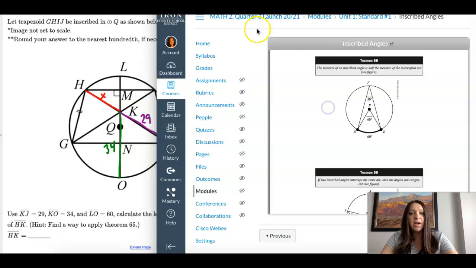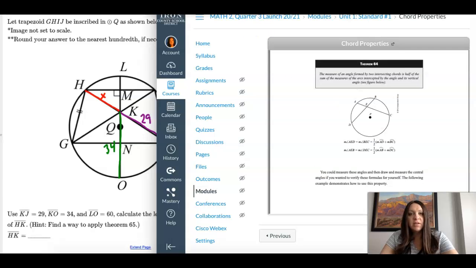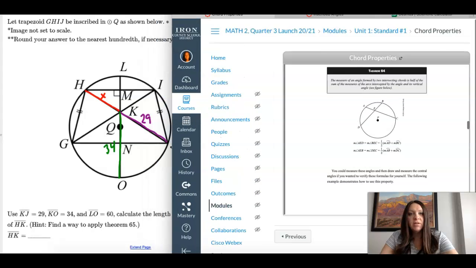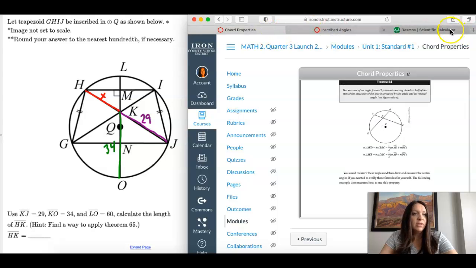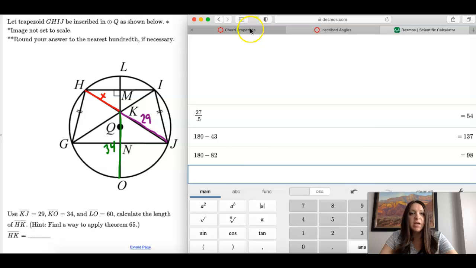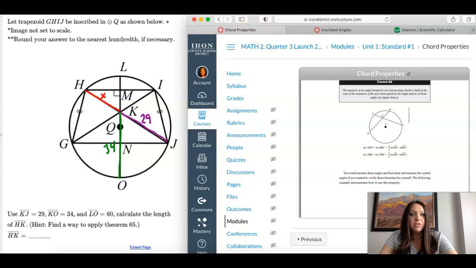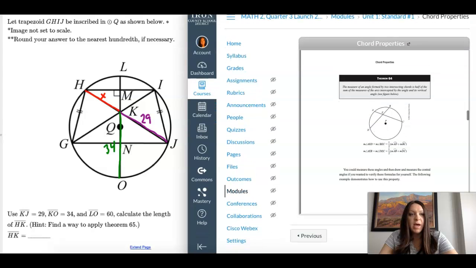So I'm going to go back to my notes. You guys can't see that when you get there. I just have different tabs open. This is 1.3, this is 1.4. Here's my calculator. Okay, so it's okay to just open up as many Canvas tabs as you need to go back.